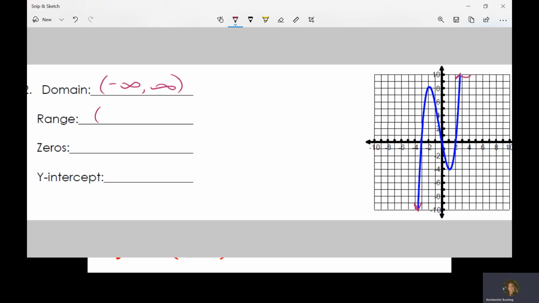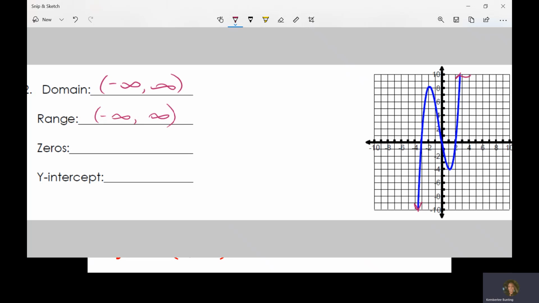Thank you. And what's the highest most value? Positive infinity. This is an example of your range from negative infinity to positive infinity, where your range has the interval of negative infinity to positive infinity.